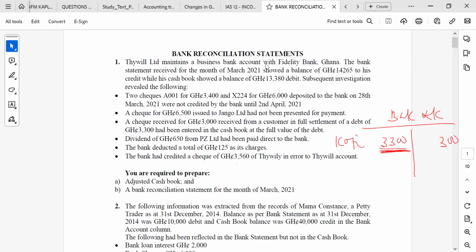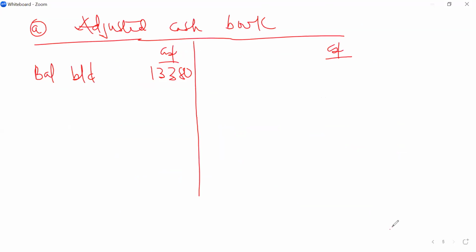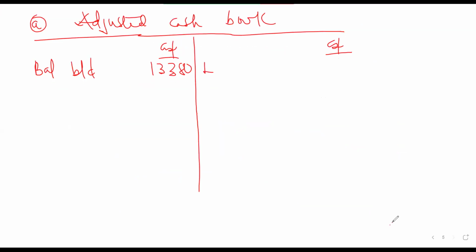That's right. Okay. So what happened is that the 3,300 is part of this one. So you just put error here, or you can put discount allowed. That's supposed to be a discount, but it has been captured. Anything that you put over there is fine.